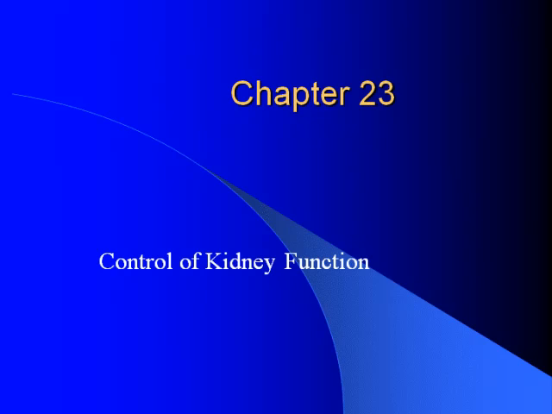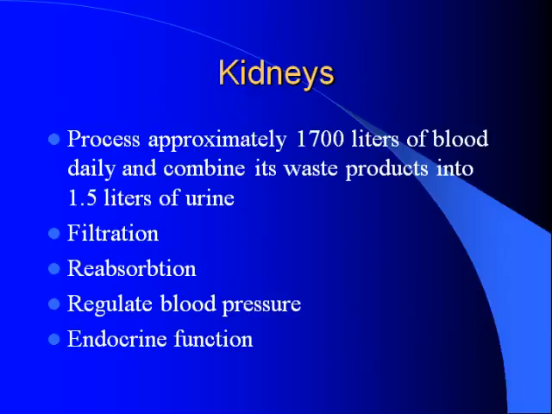But we're going to start with Chapter 23, Control of Kidney Function. And again, this should be reviewed from anatomy and physiology. You know that the kidneys process about 1,700 liters of blood a day, and they make waste products into about 1.5 liters of urine each day.